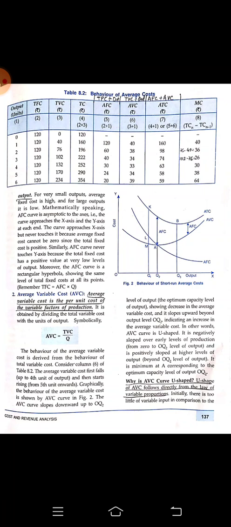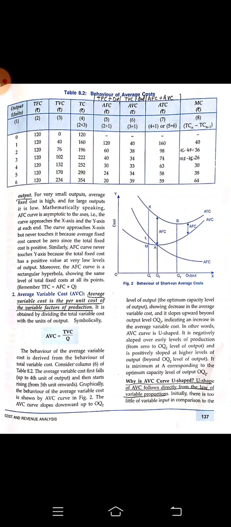So how do we get average total cost? We can simply add column number 5 and column number 6. What are those two columns? AFC plus AVC is equal to ATC. That means average fixed cost plus average variable cost gives us average total cost.